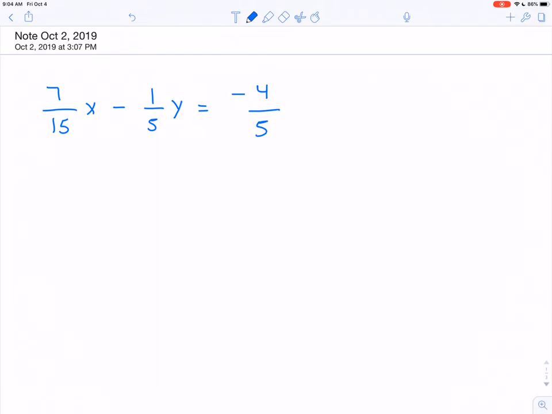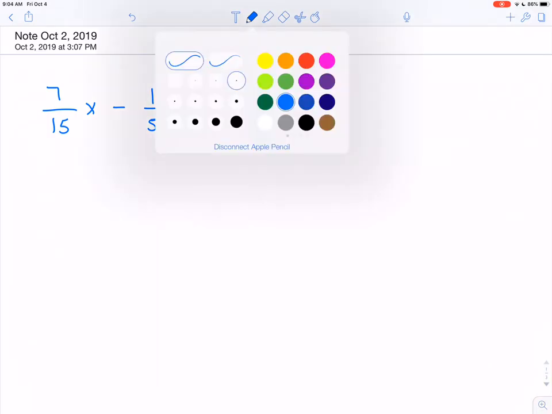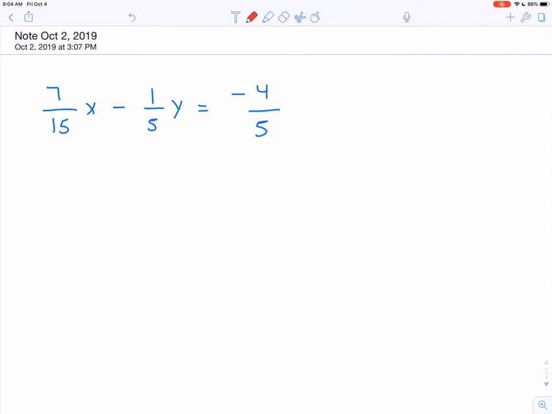So my denominators here, I got a 5 and a 15. My least common denominator, or my least common multiple, would be 15. And so before I even think about solving for y, I'm going to multiply everything by 15 so that I am not having to work with everything in terms of a fraction. Now, when I carefully simplify here, 15 divided by 15, that's 1.